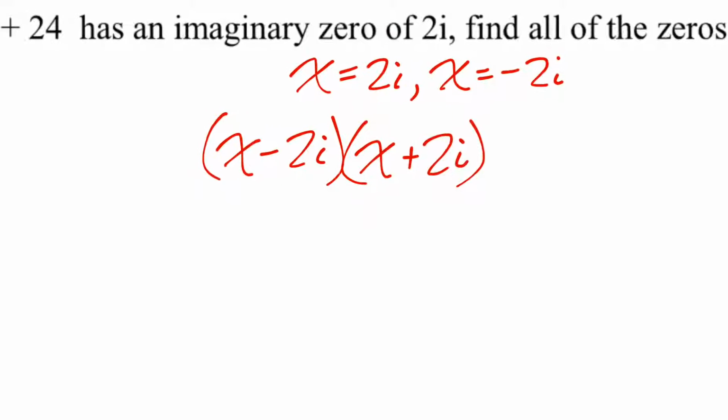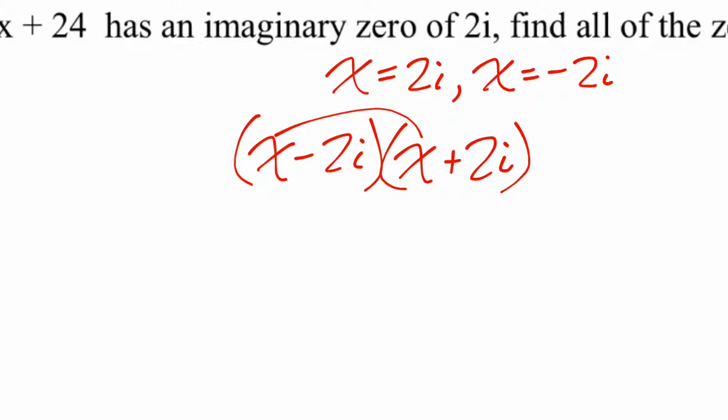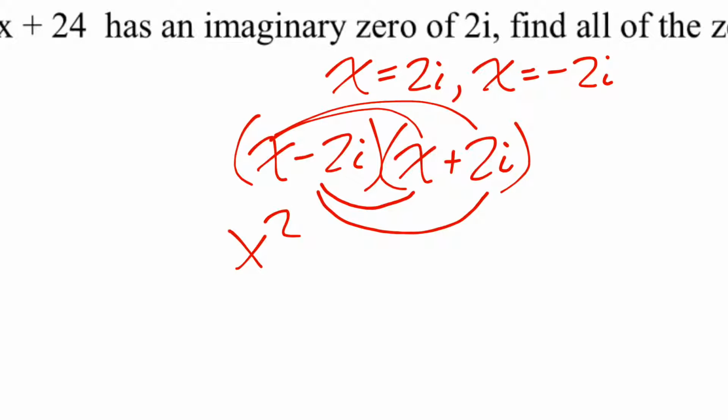Well, FOIL it. What do we get? We get x times x is x squared. We get x times 2i is 2xi. But then we get negative 2i times x is negative 2xi, so those cancel. And then finally we get negative 2i times positive 2i is negative 4i squared.